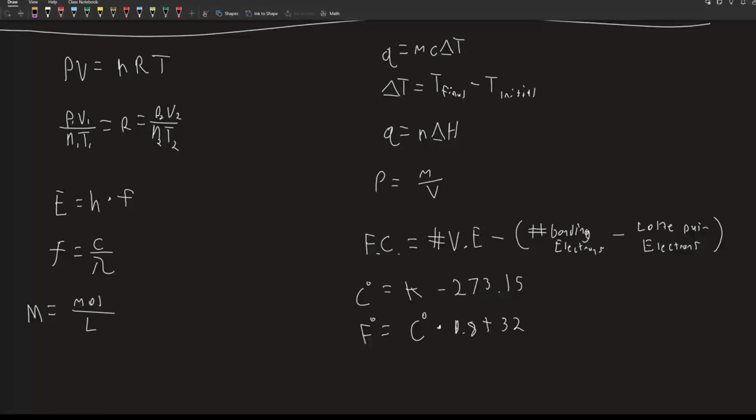That is just about it. That is every equation you need. Yep, that should be everything you need for the final exam in terms of equations.